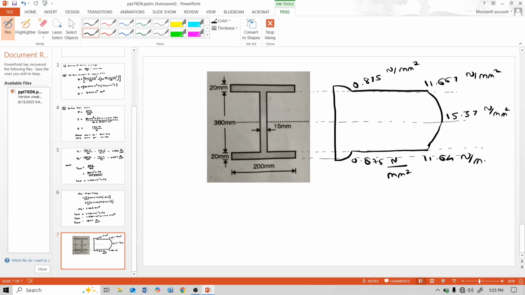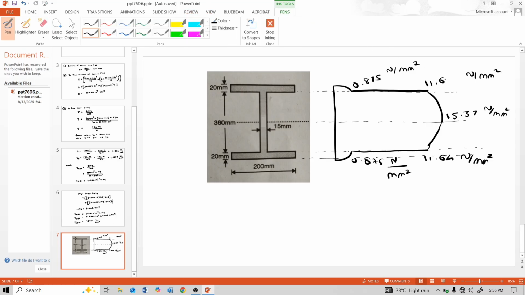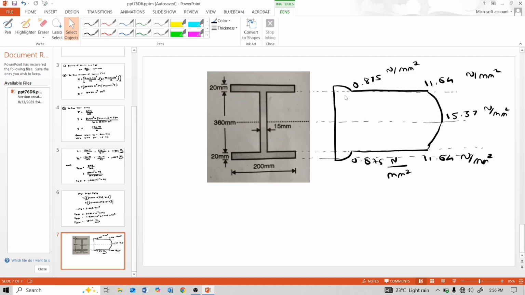Here also 11.64 Newton per mm square. You see 11.64, 0.874. So this is the shear stress distribution diagram.